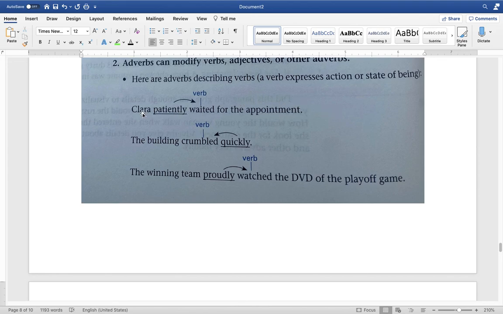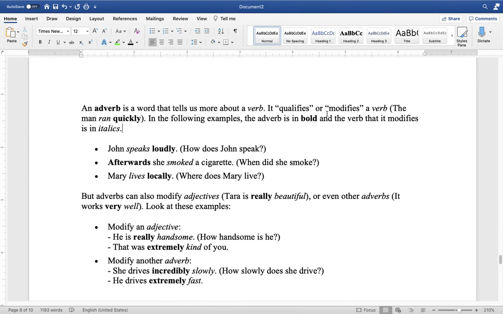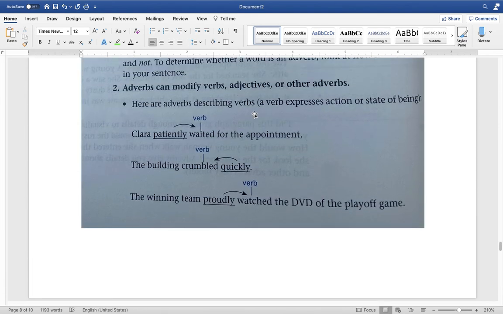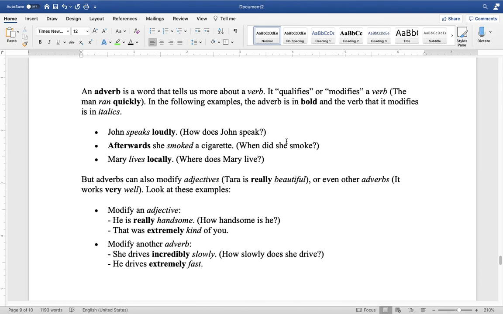Why can't it just say Clara waited for the appointment? Because that has meaning on its own. All patiently does is tell us how she waited. So why is it that we need to know that she waited patiently? So those are the questions that come up when we use adverbs.